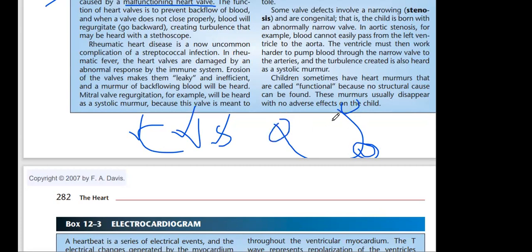This is the heart position. Here is the apex. You have to listen to the heart sound here first, then you can rotate the stethoscope in and around the heart.